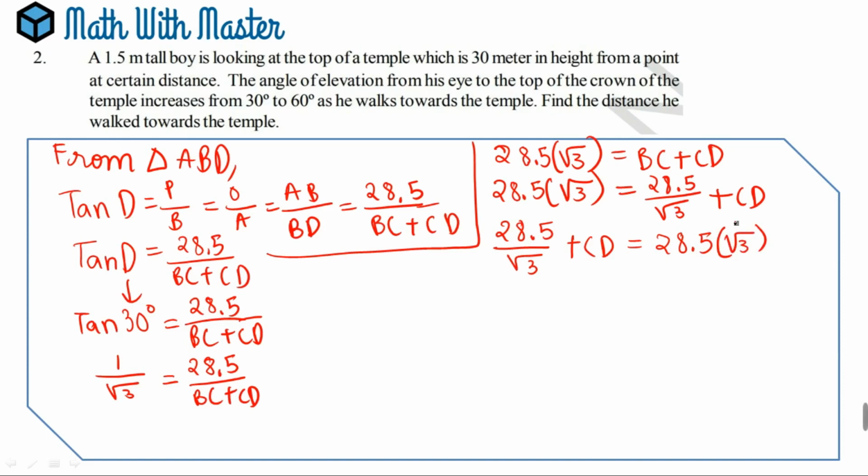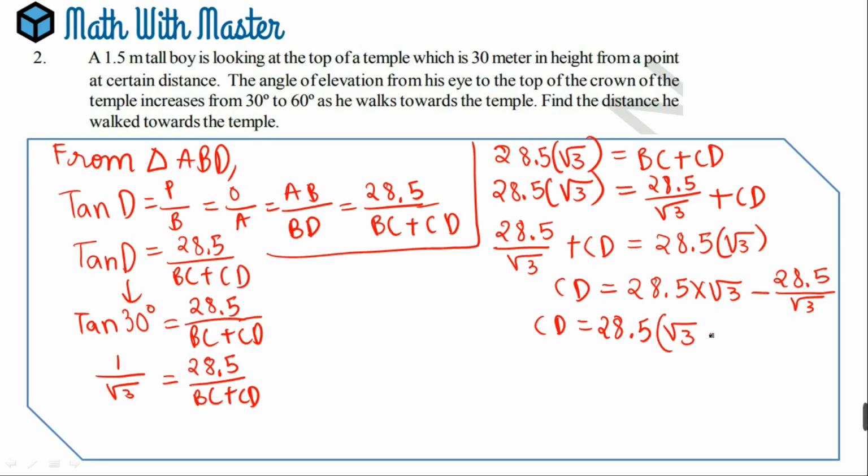So now we will put this side in minus. So CD is equal to 28.5 into root 3 minus 28.5 upon root 3. So now I can take 28.5 common from here, and the remaining will be root 3 minus 1 upon root 3.